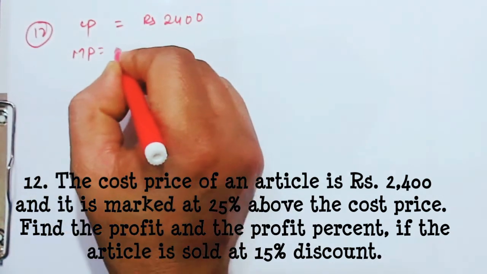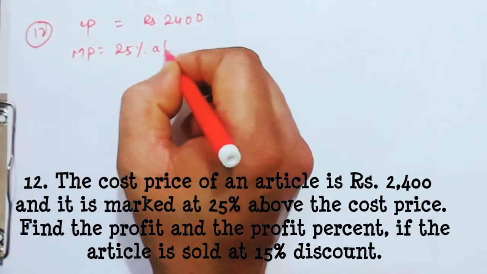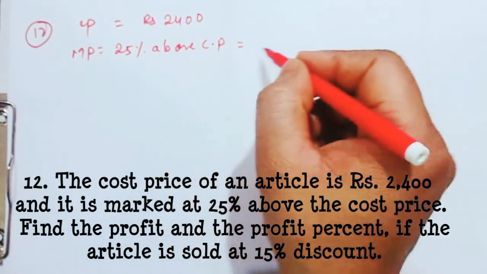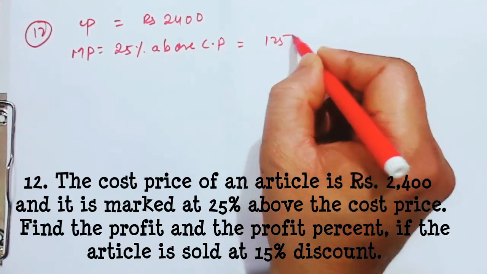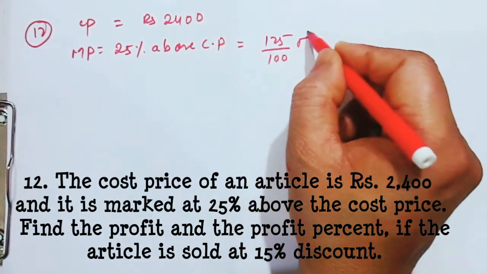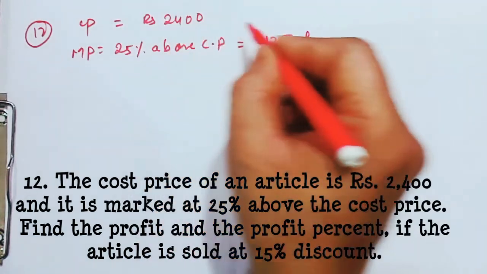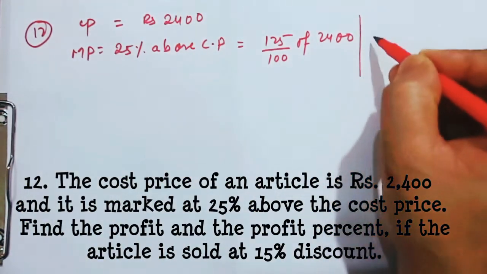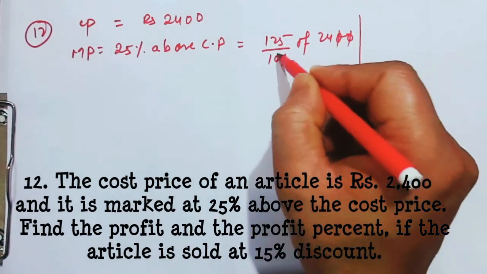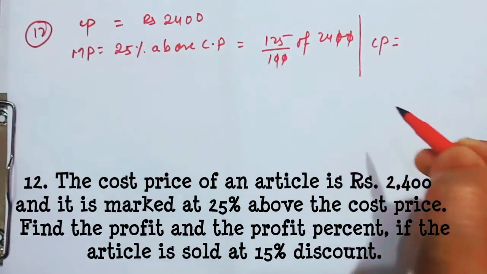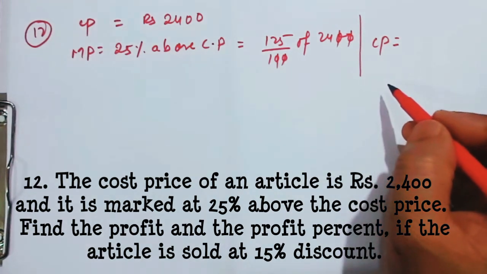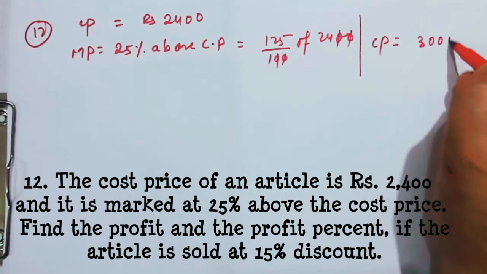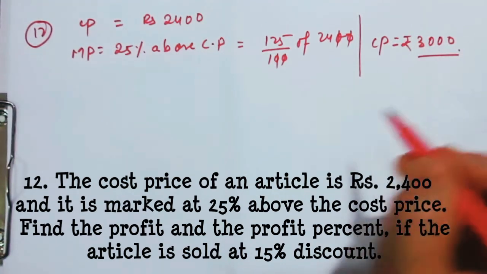So marked price is 25% above cost price. 25% above cost price means how much? It will be 125% of 2400, which will be equal to rupees 3000.